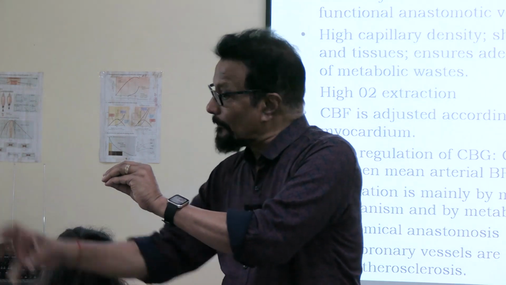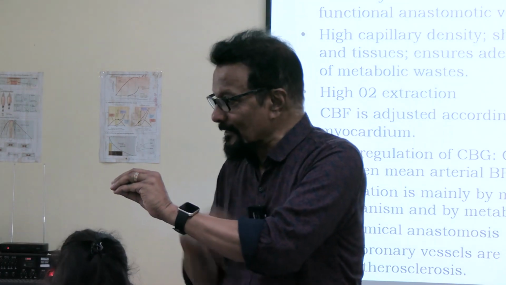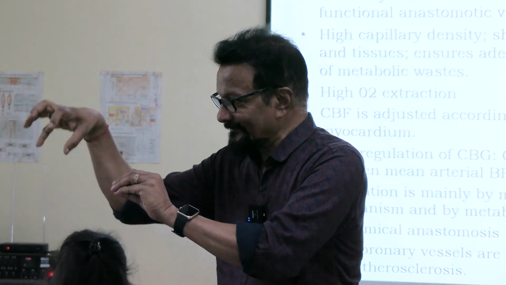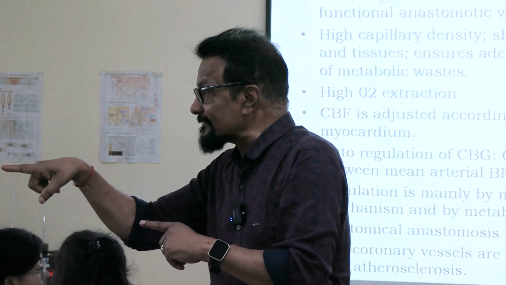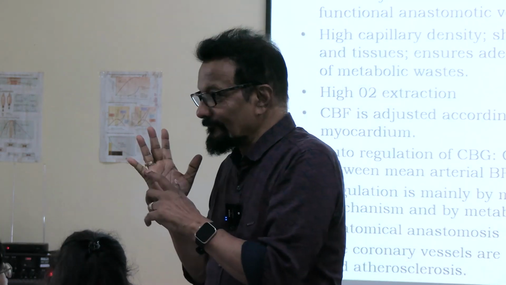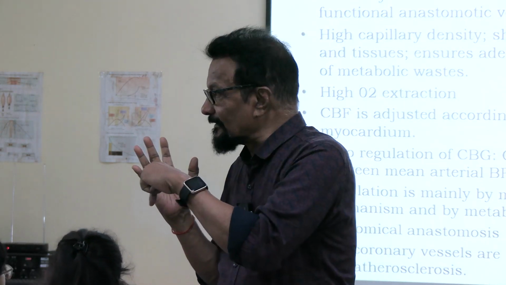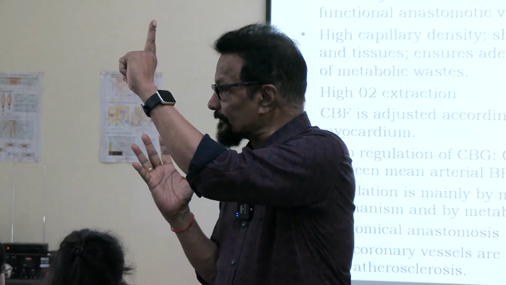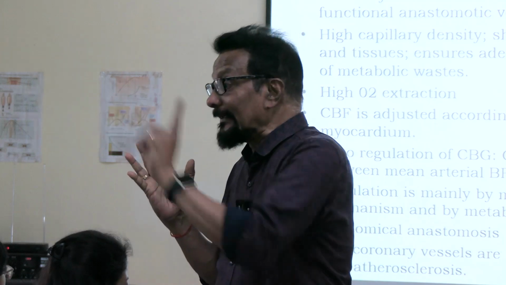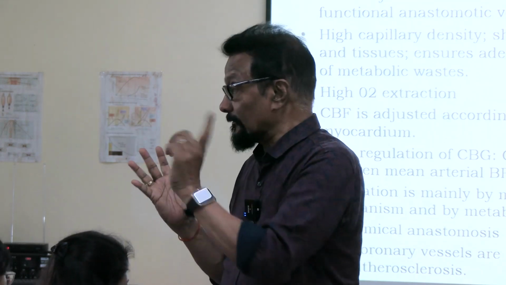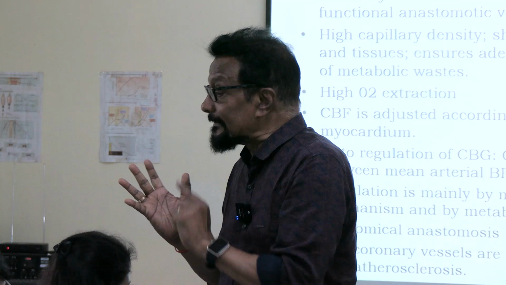Less washing of metabolites will be there, so metabolites will be accumulating. When these metabolites accumulate, and what are the metabolites? Reduced oxygen, increased carbon dioxide, increased lactic acid, increased ADP, increased adenosine.